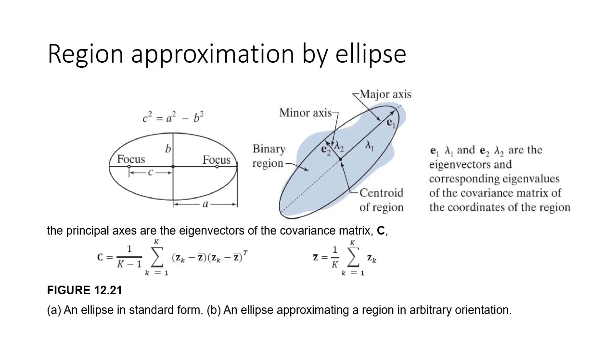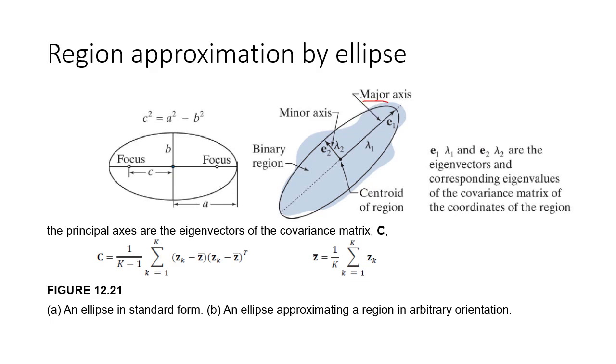Now we could approximate a region by an ellipse. I have mentioned before and also drawn an ellipse. Now is the application where an ellipse could be used to approximate an object. So here we have an object in gray level, and then we could calculate the major axis, shown here.